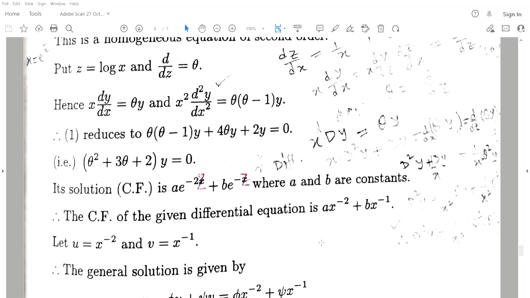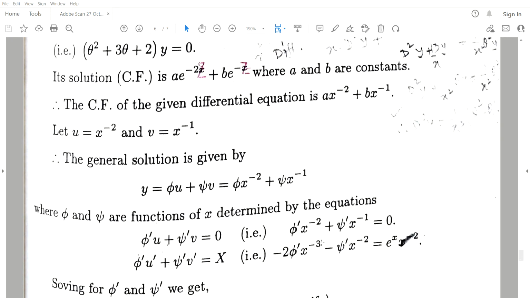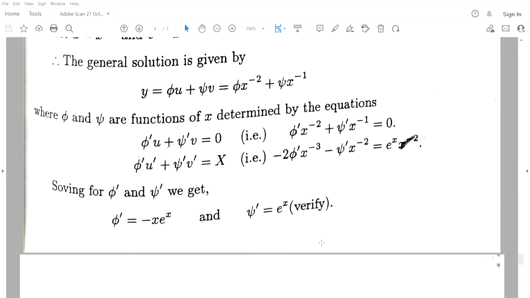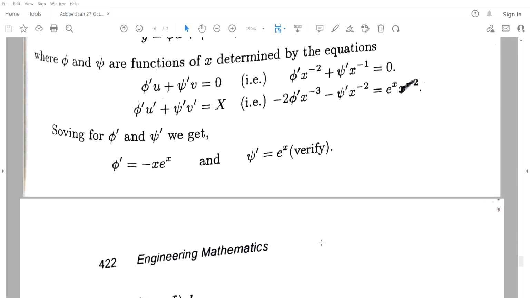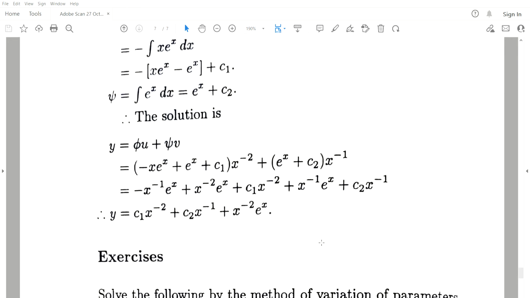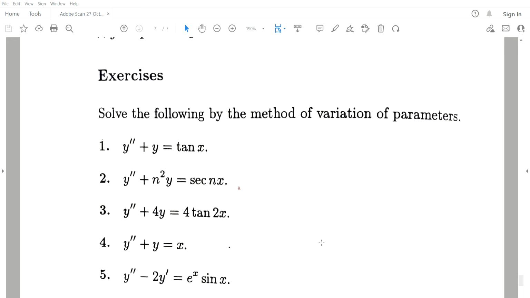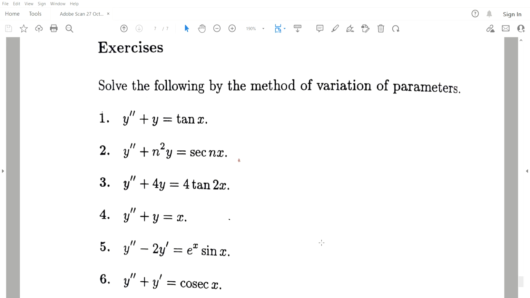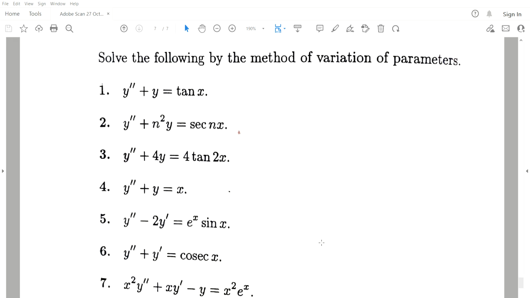Therefore, do not skip that one. You will get one question. Now, this is the differential equation syllabus for this semester.